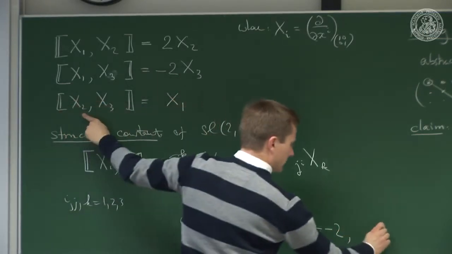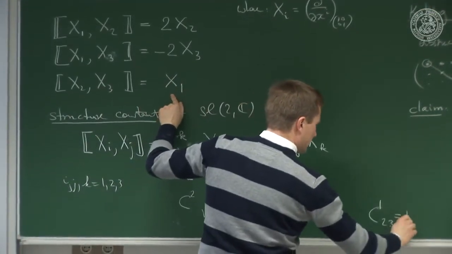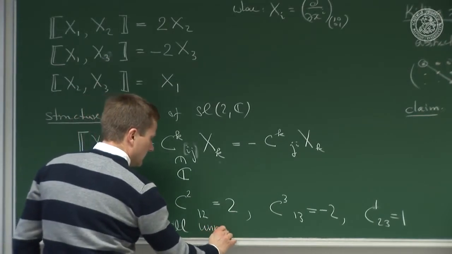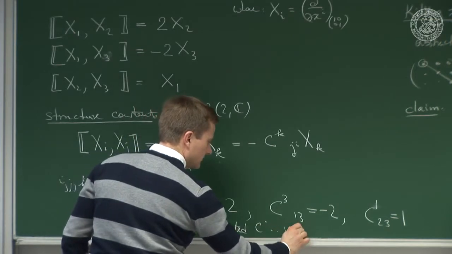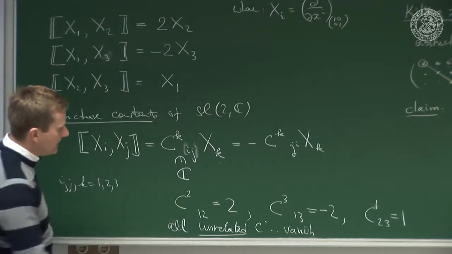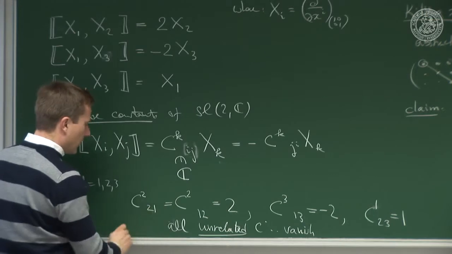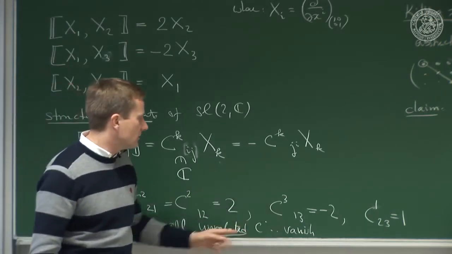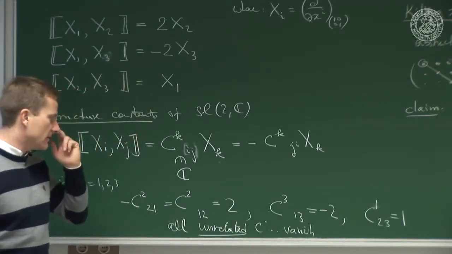And finally, C 2 3 only has the 1 component here, and that is 1. And all unrelated C's vanish. Now what do we mean by unrelated? Well, because of the antisymmetry, for instance, this is the same as C 2 1 if you add a minus sign here. And the same here. So those, of course, are therefore not 0, but they're not unrelated, they're related. But all the others are 0.